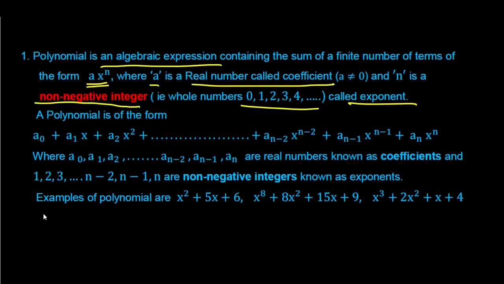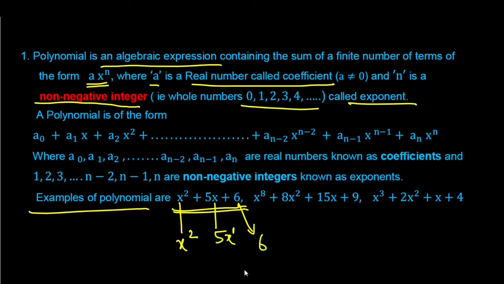Here we have some examples of polynomials. Observe each term of the algebraic expression given here. It is x square. The exponent is 2, a whole number. Here the term is 5x. The exponent of the variable here is 1. Here the term is 6. What is the exponent of the variable?